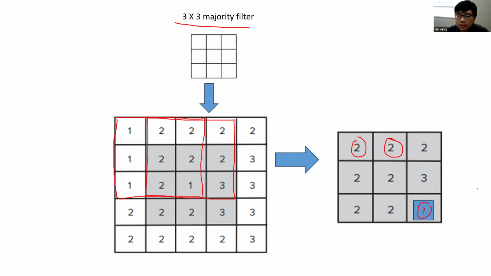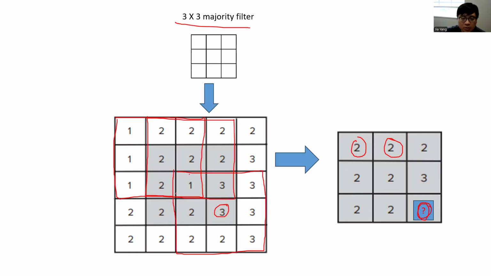All right, to get the value of the pixel, we need to know where the moving window is. If that is the center, then we know this is the center, right? So our moving window is at this place.